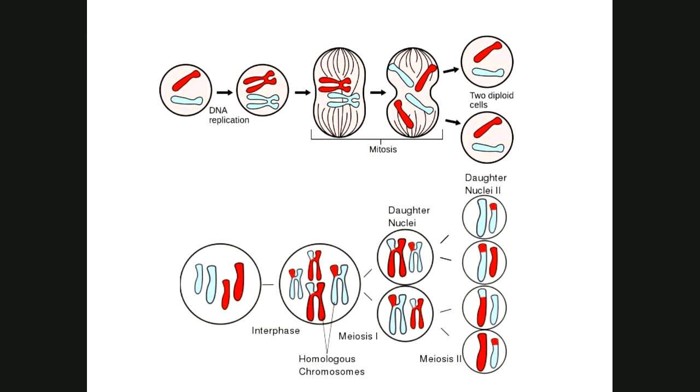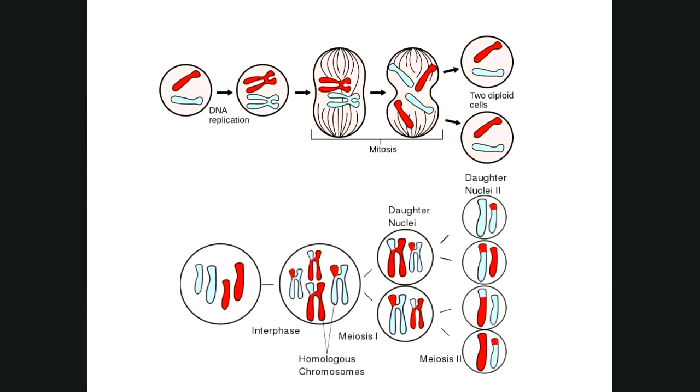Here you can see the difference between mitosis and meiosis. Suppose there are two chromosomes in a particular organism. What will happen? This chromosome makes its own copy, and the Y chromosome also makes its own copy. Then the spindle is formed and half of the chromosomes are divided into this part and half into this part.